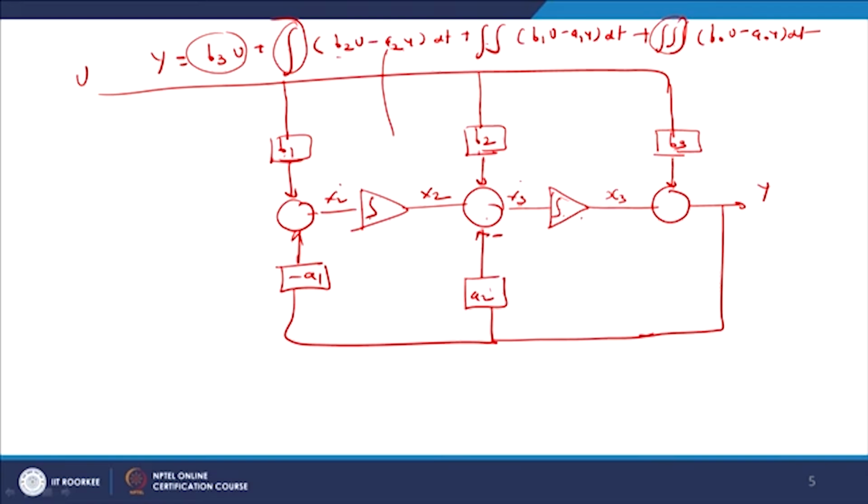So now 1, 2, 3, so we have to add another integrator. So here I am adding another integrator, and we take another variable x1, and what is this? This is x1 dot, and what is x1 dot? Equals b0 into u minus a0 into y. So we write it as a block like this.